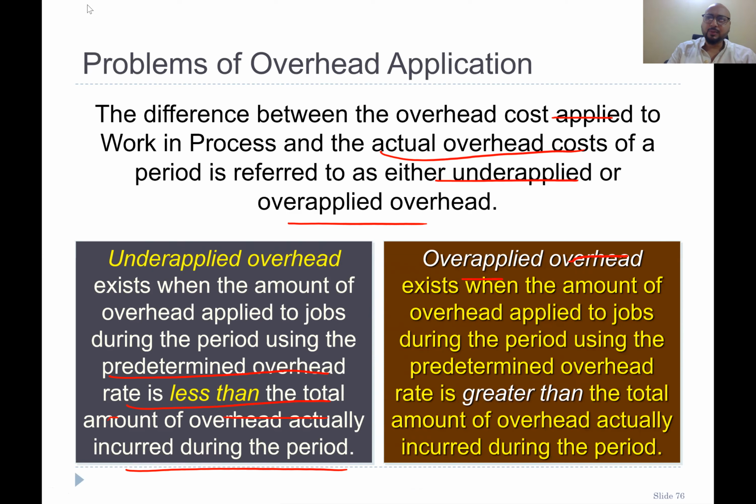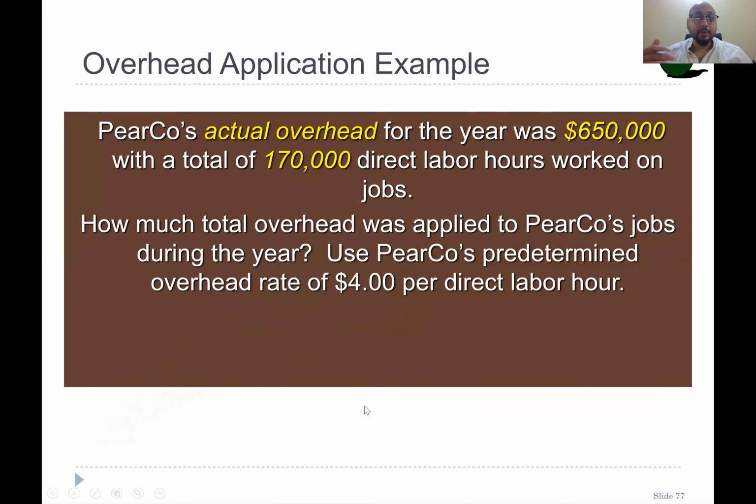Now what do we have to do with this? If it is over applied, or we overestimated, it means our cost is also overestimated. So we need to decrease that. The difference of over applied would be deducted from work in progress inventory.